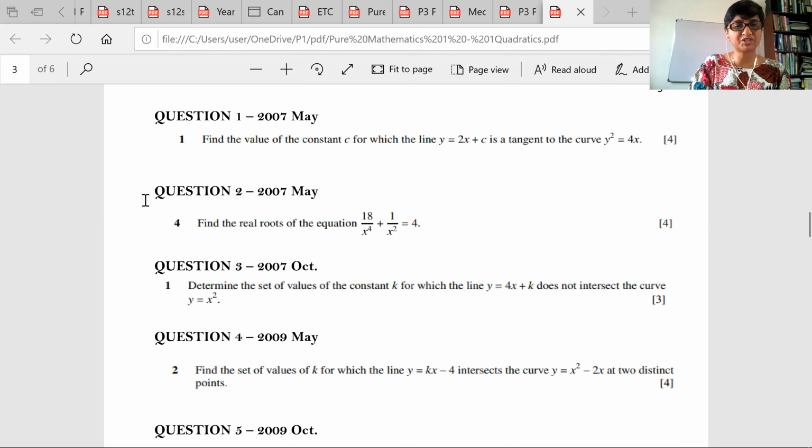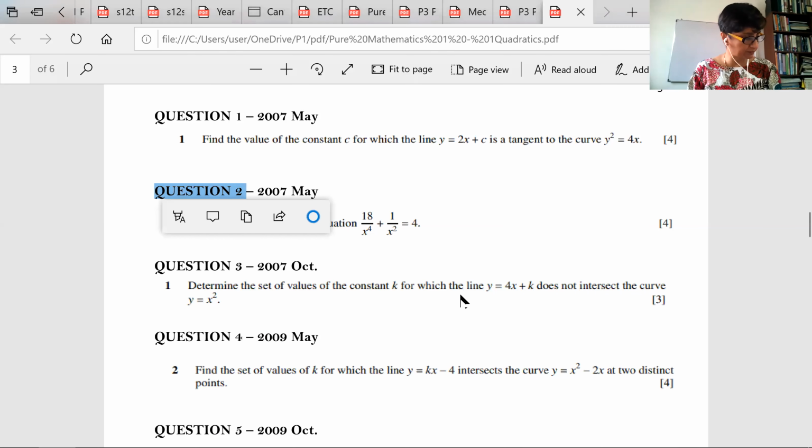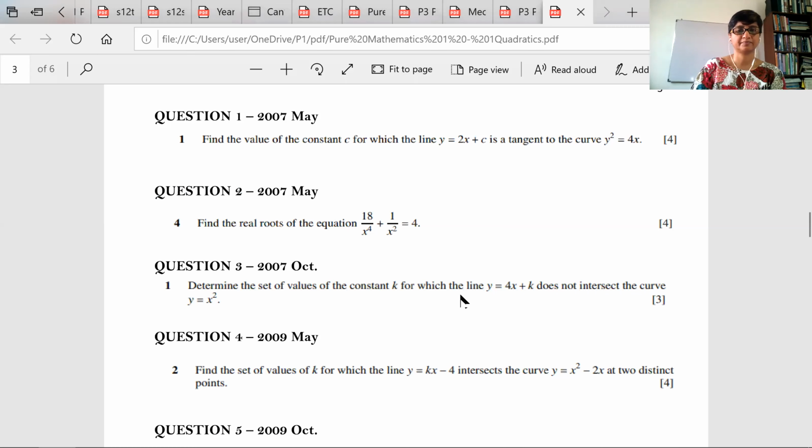This question number 2 is from the 2007 May P1 paper. Can you copy the question and try solving it? I'll give you 3-4 minutes. It says find the real roots of the equation. That means solve the equation to find the real solutions. Solve it.